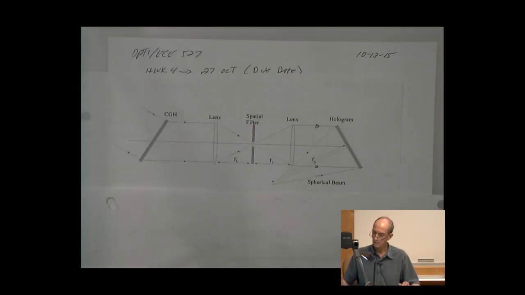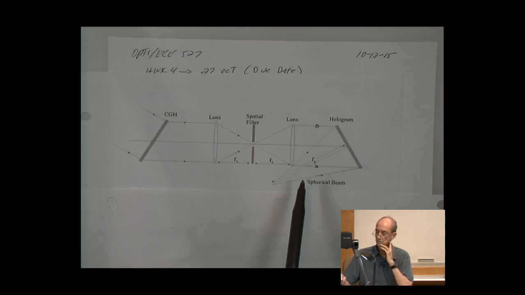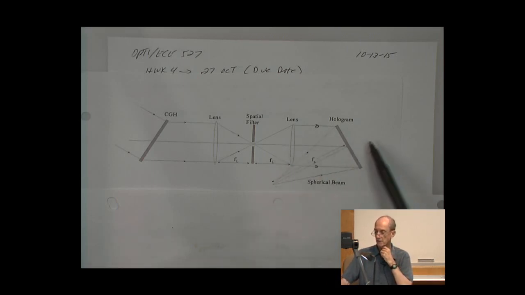So again, what we were doing last time, we were looking at ways of correcting aberrations. We wanted to make a Fourier transform holographic lens. So we would have a collimated beam coming in, and then when we reconstruct this with the conjugate beam coming out, we would focus the light down to a point.